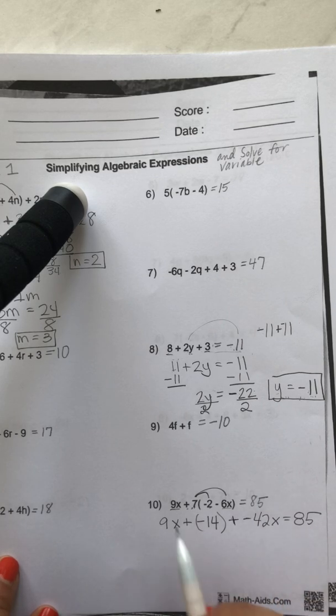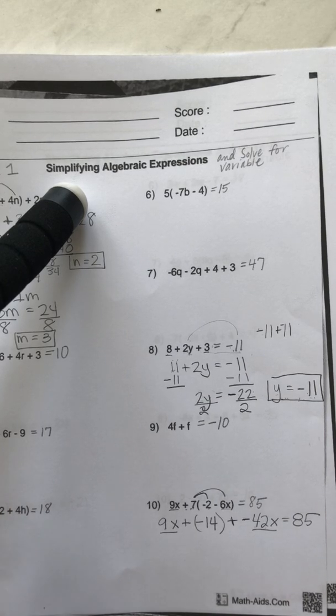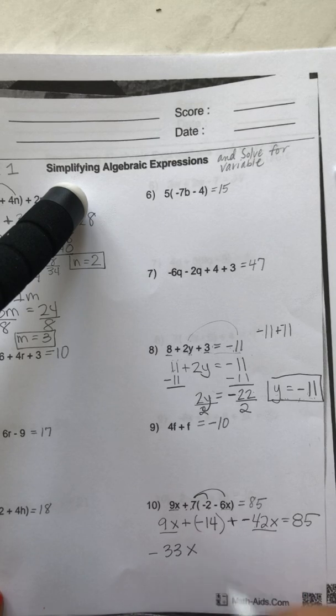All right, now I can combine these two together. So this is positive 9x and negative 42x. So I find the difference between 42 and 9 and get, what is that? 33. So that's a negative 33x, right?